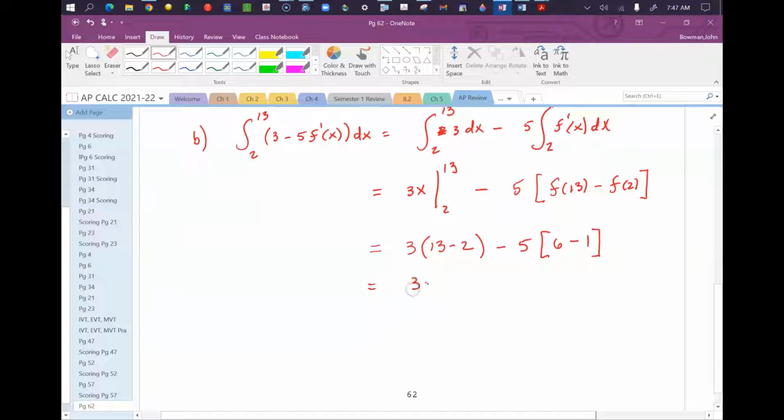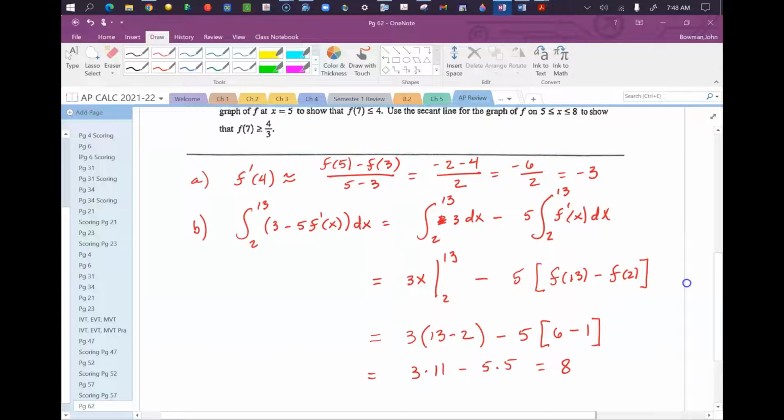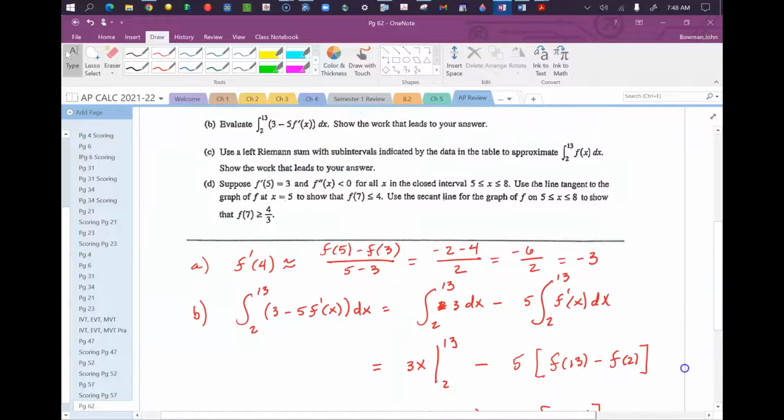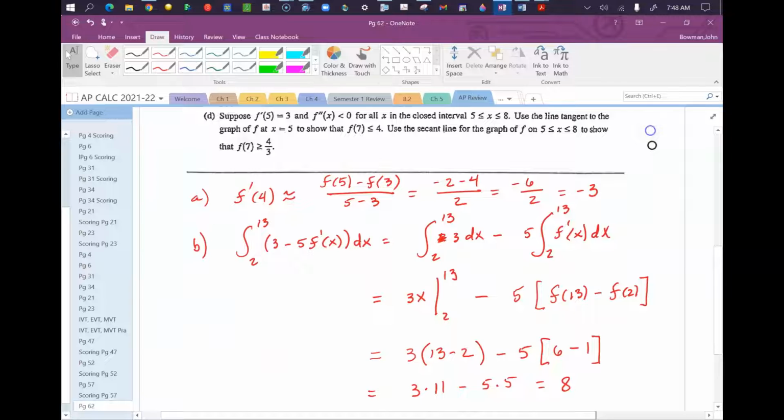So 3 times 11 minus 5 times 5, and when we simplify that, we get 33 minus 25, which is 8. And we should check and see if we have any units for that. No, we do not have units for that.